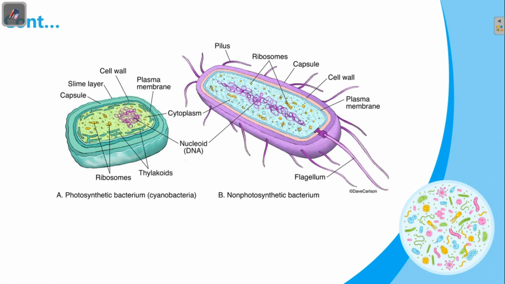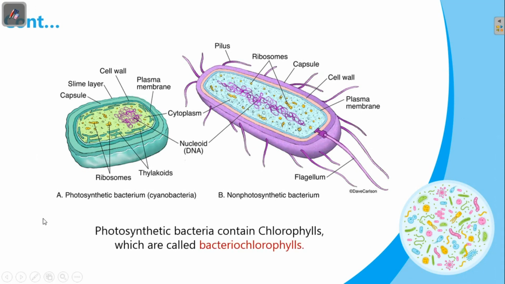Some photosynthetic bacteria contain chlorophylls, which are called bacteriochlorophylls. In this picture, you can observe the chlorophylls. Along with ribosomes, chlorophylls are also present. These chlorophyll pigments we can call bacteriochlorophylls. Example, cyanobacteria.